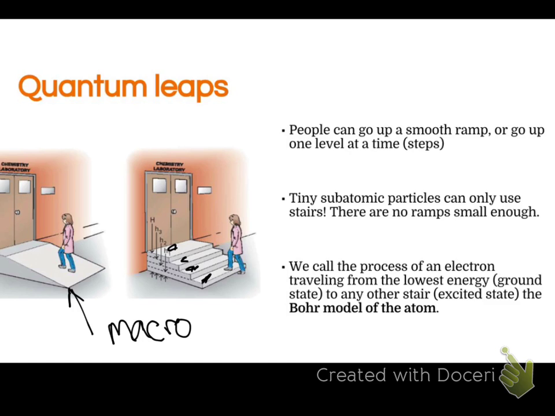They have to be in certain places and cannot be in other places ever. So we think of that as sort of a staircase, where each level of the staircase represents an orbit that an electron can be in. So Bohr got that part right, and that was a really revolutionary idea because we had never considered that tiny particles might behave in a different way than sort of regular matter.